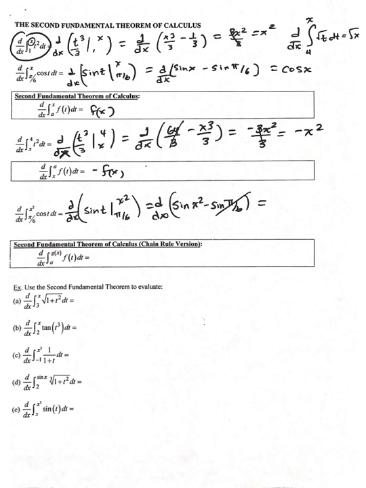Well, that derivative is 0. Sine is cosine, leave the inner function in, times 2x. So the way this works, if the upper function is something other than just x, because technically when we multiply by the derivative, if the inner function's x, would be multiplied by 1. This would just be f of x times g prime of x. Or we can write it as g prime of x times f of x.